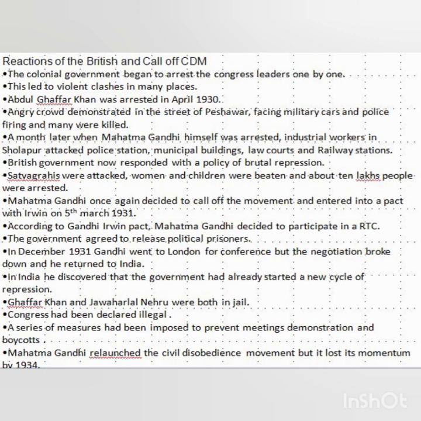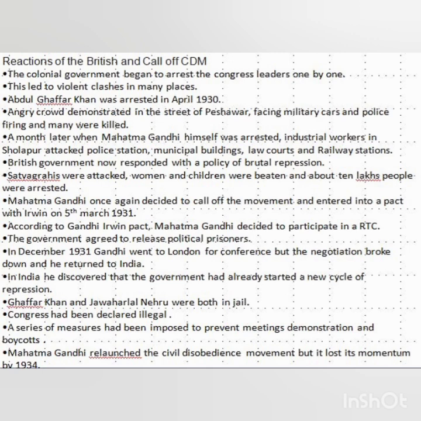A month later, when Mahatma Gandhi himself was arrested, industrial workers in Solapur attacked police stations, municipal buildings, law courts, and railway stations. The British government now responded with a policy of brutal repression.